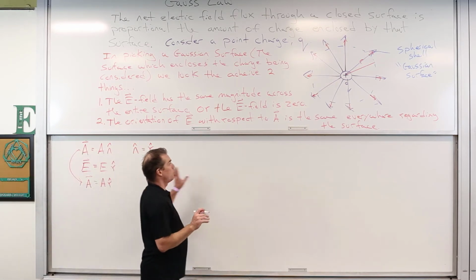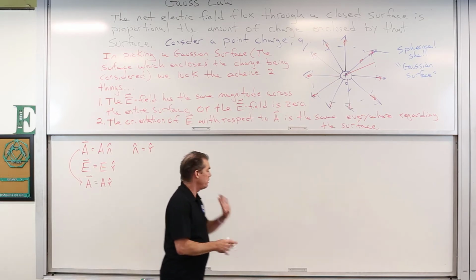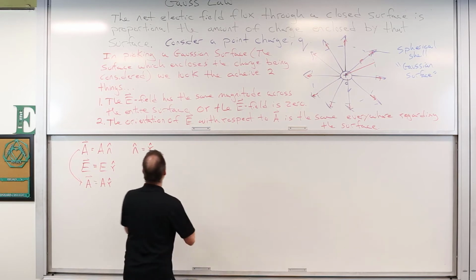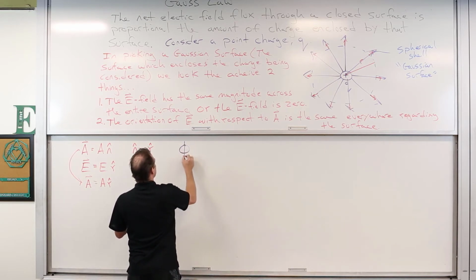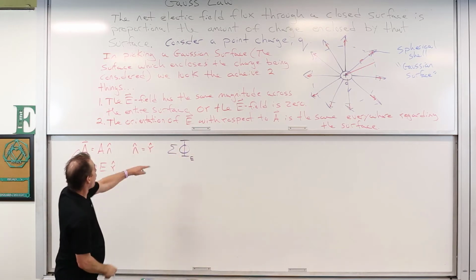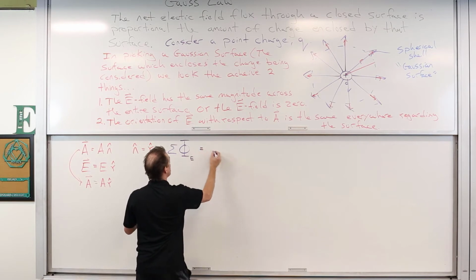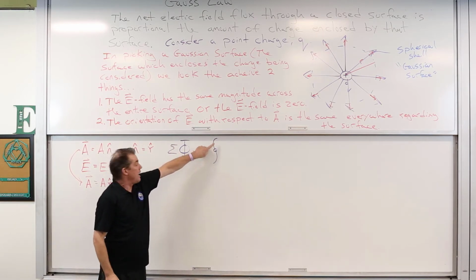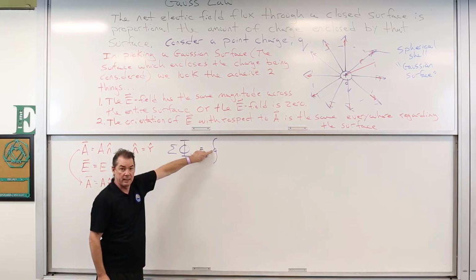Well, what can we do with the flux then? Well, let's just go to the standard fundamental aspect of flux. I'll change pens here again. We have the electric field flux. I should say net electric field flux, total electric field flux through the closed surface is the integral over a closed surface. I don't know if you've seen that little thing before there, but that means over the closed surface.